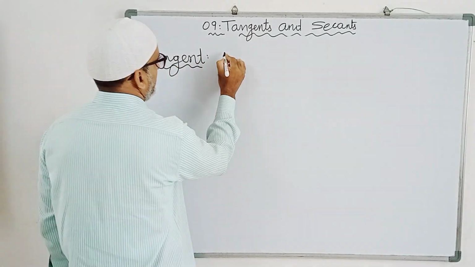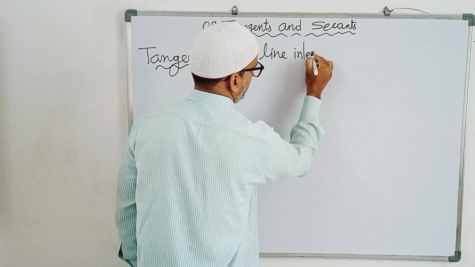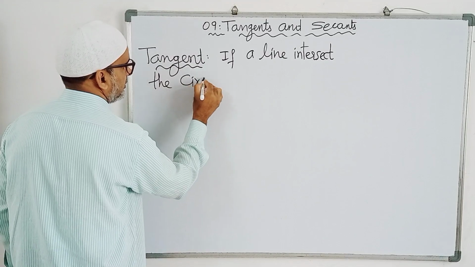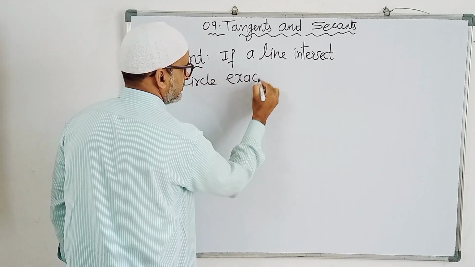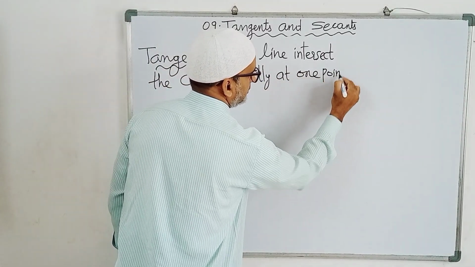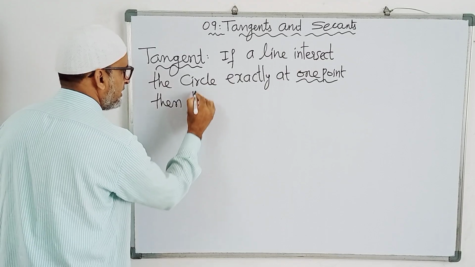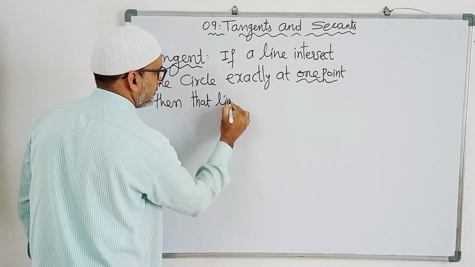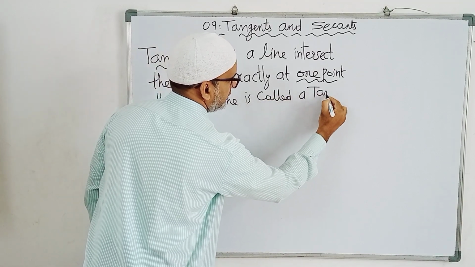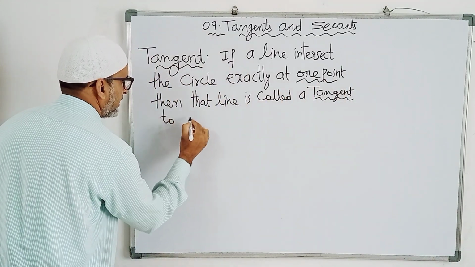Definition, you see: if a line intersects the circle exactly at one point, then that line is called a tangent to the circle.